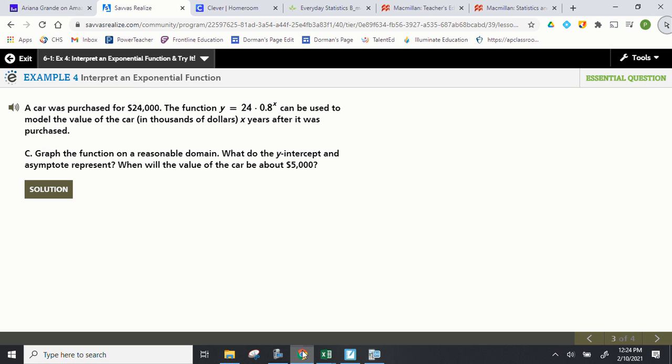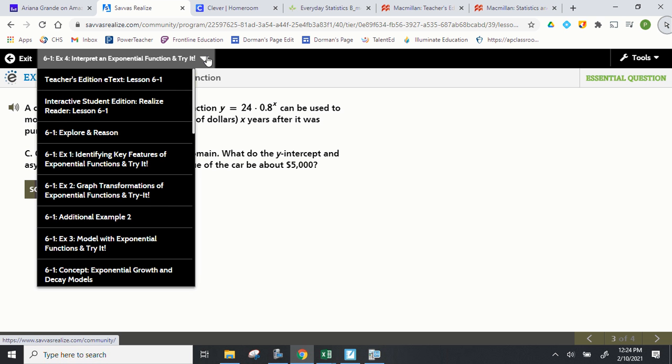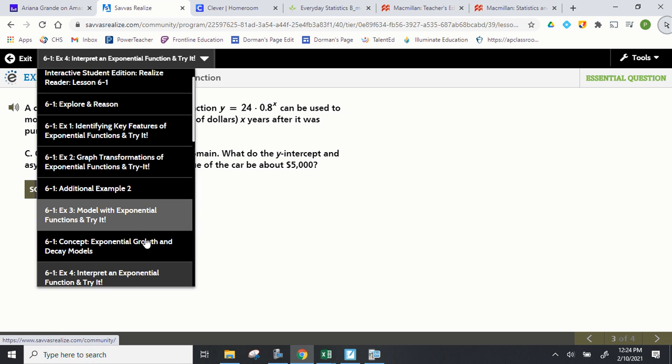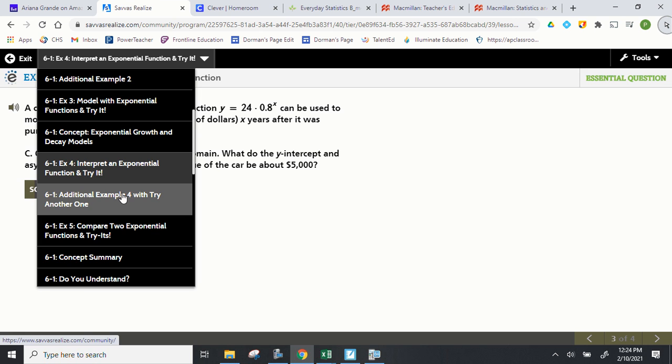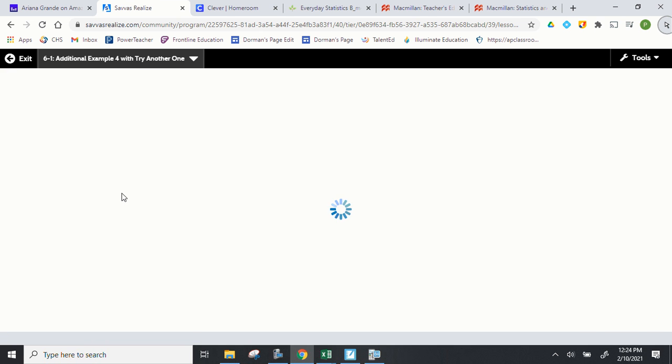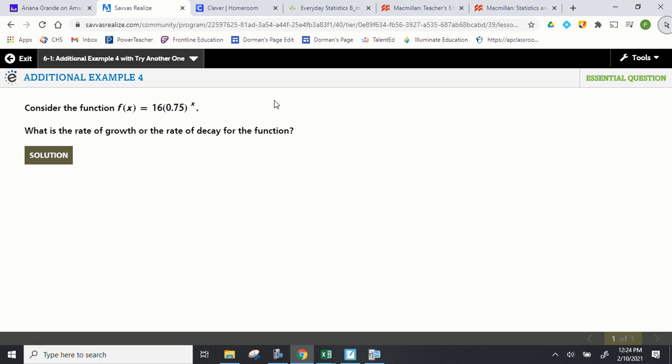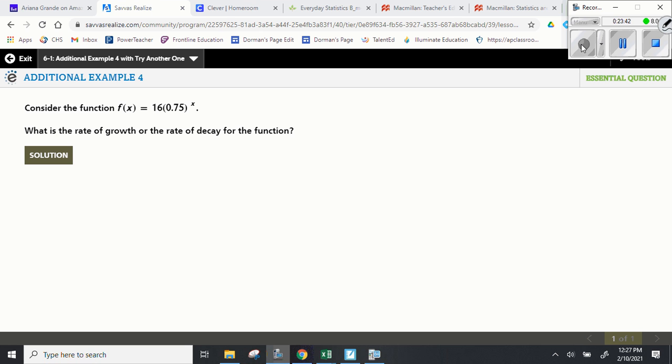Okay, I think that we have one extra to look at as well. All right, so what's the rate of growth or decay?